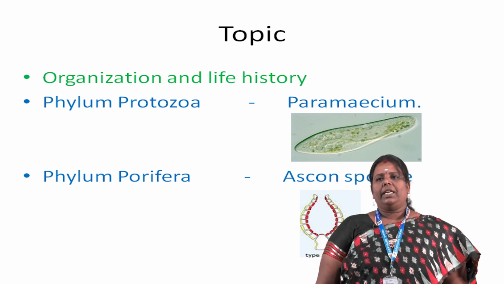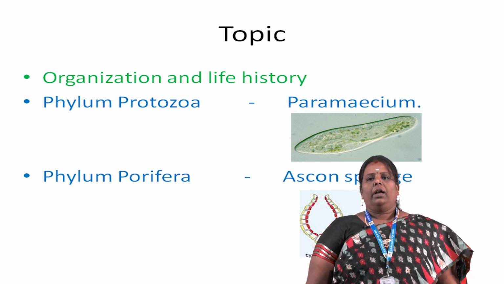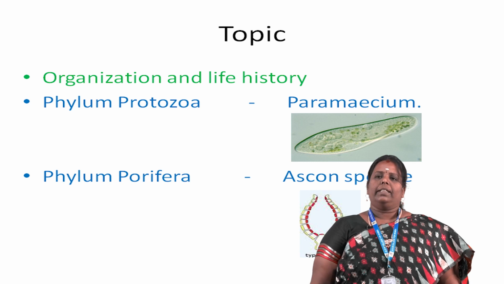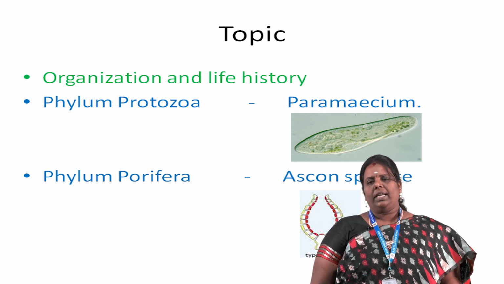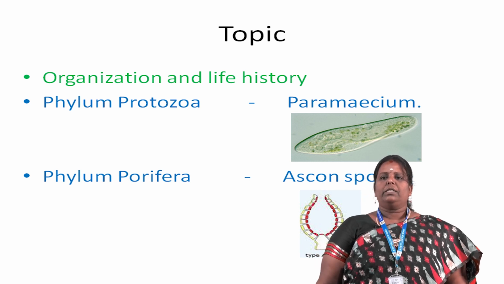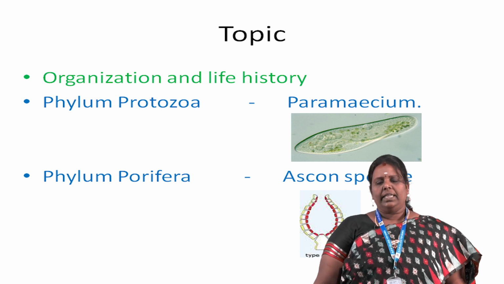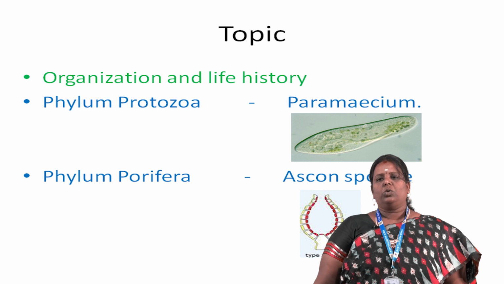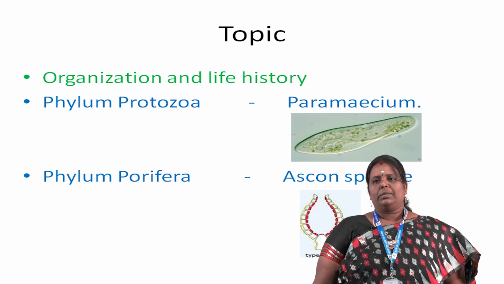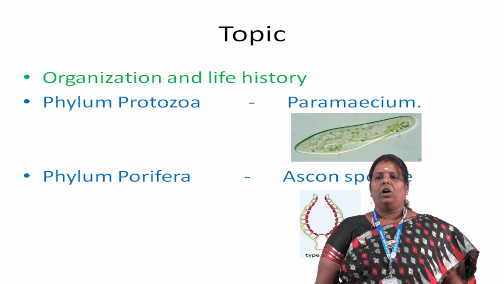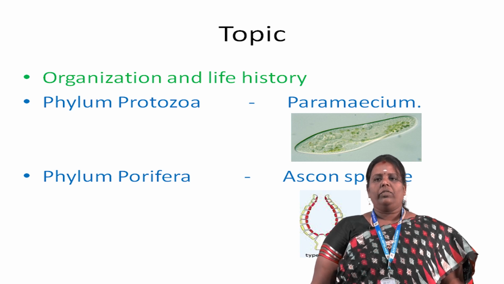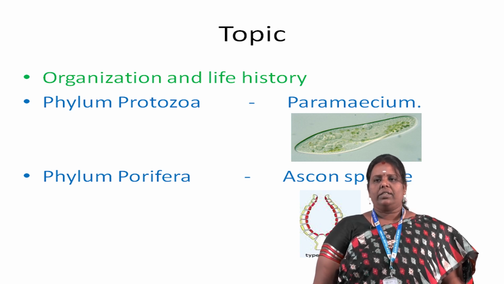Paramecium is a species, Paramecium caudatum. The Porifera example in your syllabus is only the Scypha sponge, and many species of sponges are available in Porifera. We just have to know this module, Protozoa and Porifera, with the special animals Paramecium and Scypha sponge, for full organization and life history.